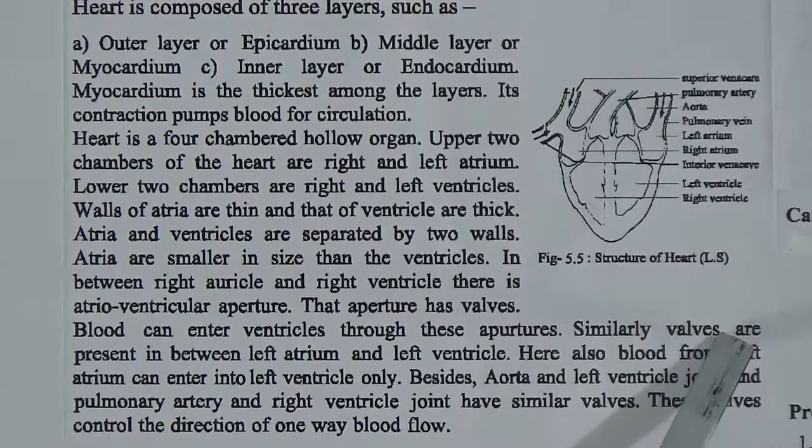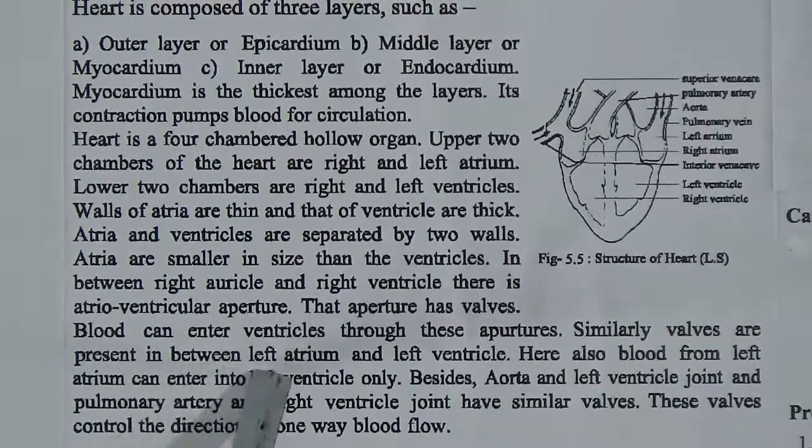Similarly, valves are present in between the left atrium and left ventricle. Here also blood from the left atrium can enter into the left ventricle only. Besides, the aorta and left ventricle joint and the pulmonary artery and right ventricle joint have similar valves.